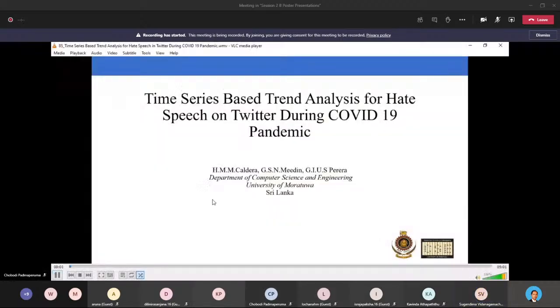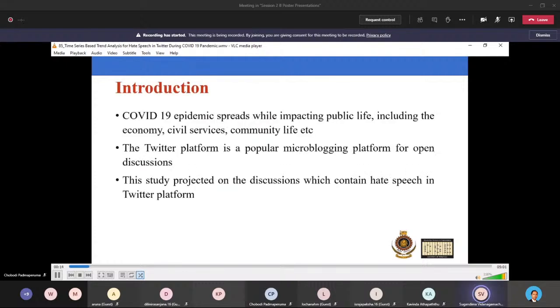Hello everyone. Time series based trend analysis for hate speech on Twitter during COVID-19 pandemic. The research we have done in the last few months. Let's start with the introduction. COVID-19 is an epidemic that spreads all over the world. Twitter is one of the most popular microblogging platforms.